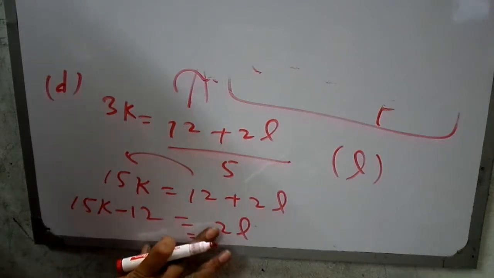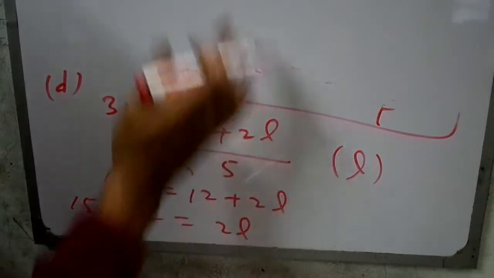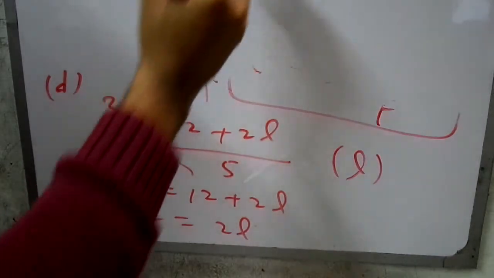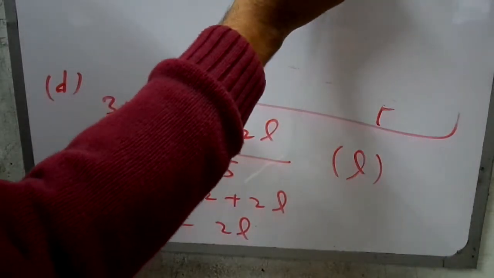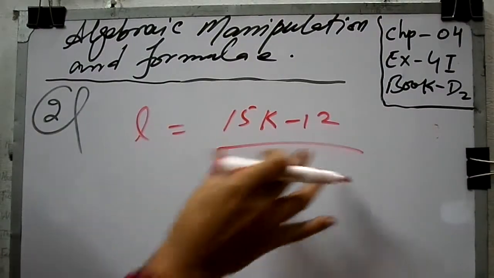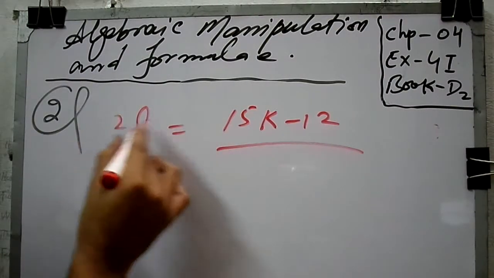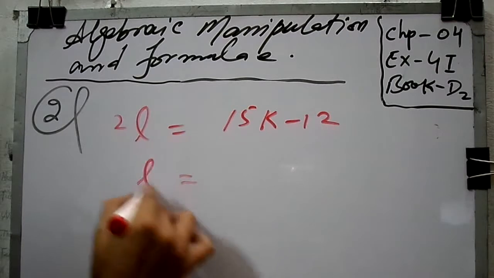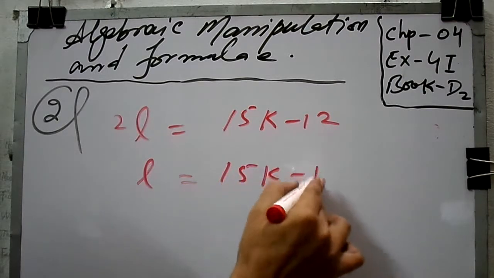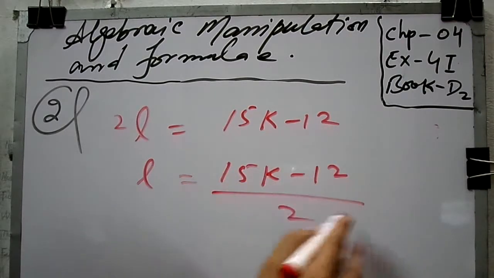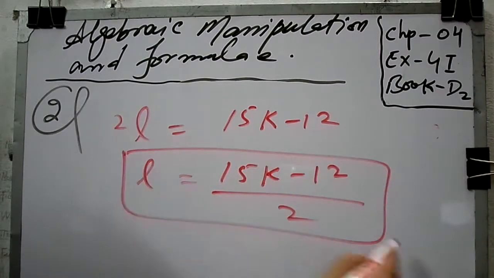So L is equal to 15k minus 12 divided by 2, so that is your L as the subject.